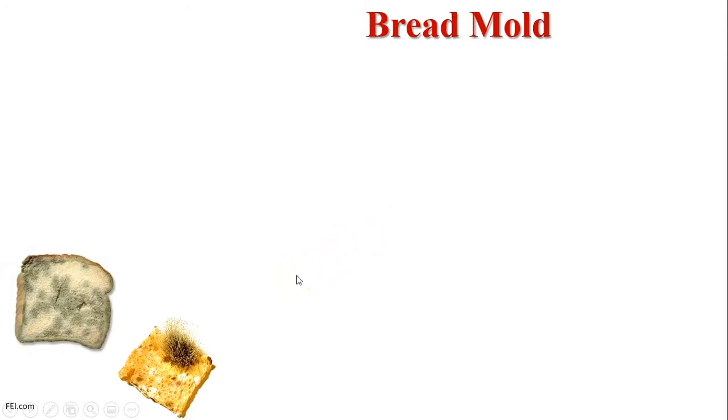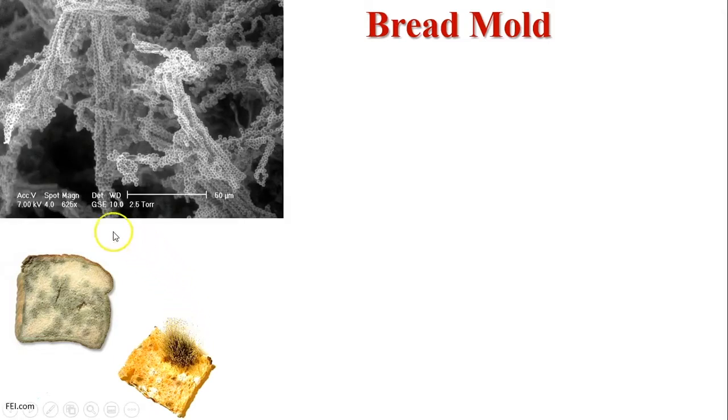Another example: if a piece of bread was left on the side for a couple of weeks, we know we are going to see some mold on the surface. How does this mold look under an electron microscope? This magnification is 625.